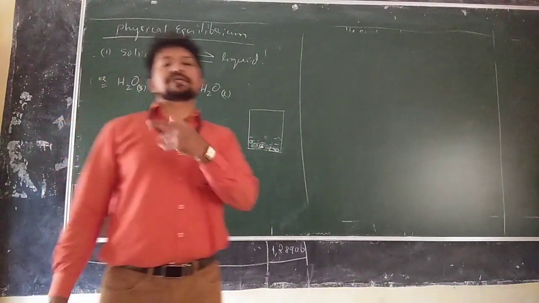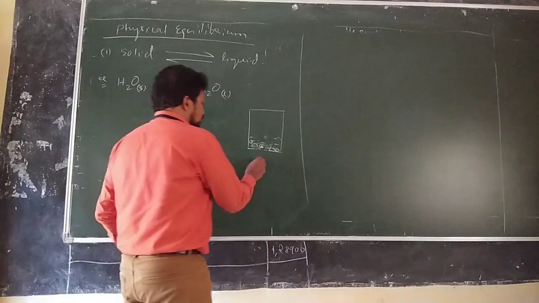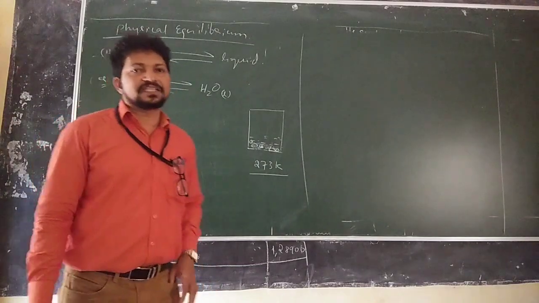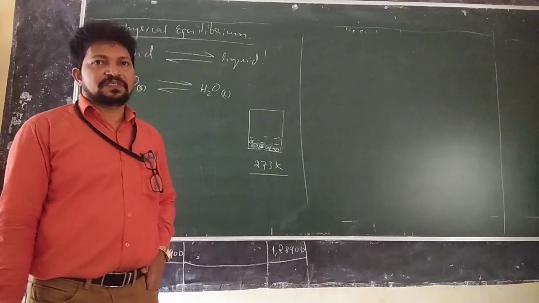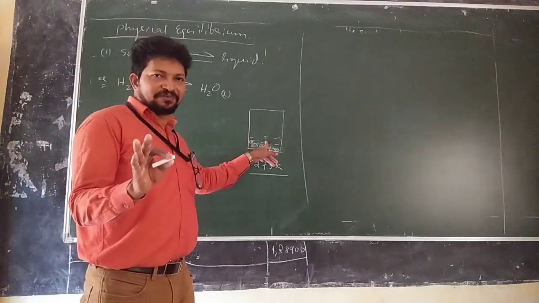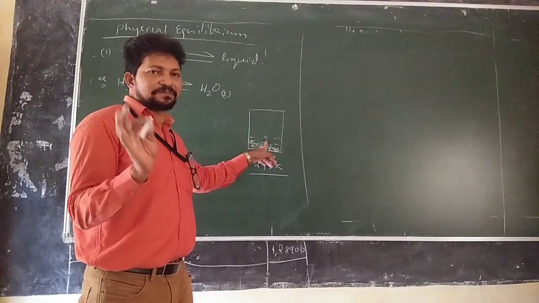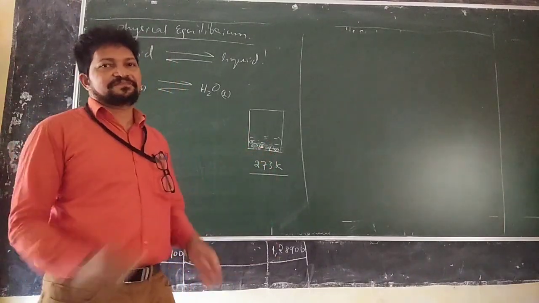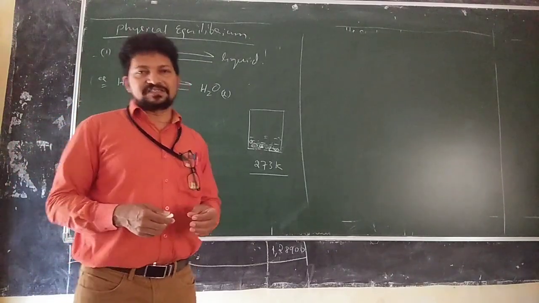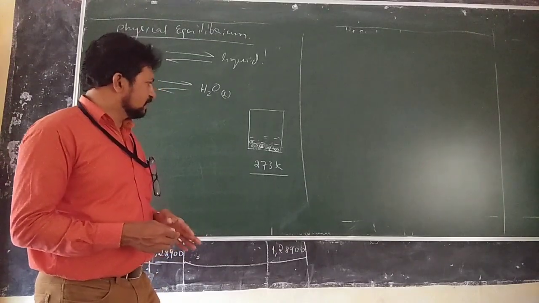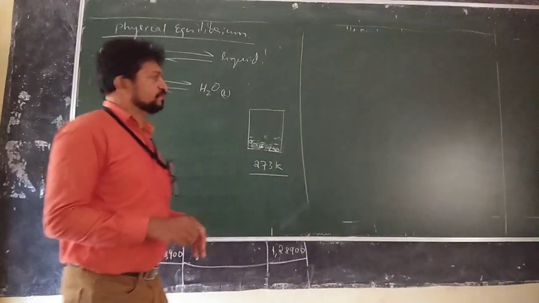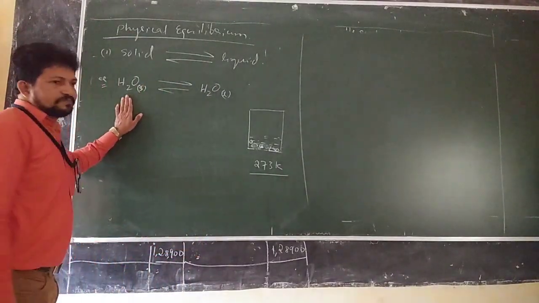At a particular temperature, that is 273 Kelvin, this is the melting point and that is the equilibrium temperature. What is the normal melting point? Vapor pressure of liquid water becomes equal to vapor pressure of solid water, that is ice. Somewhere else we shall learn this. So at 273 Kelvin, this equilibrium is established.